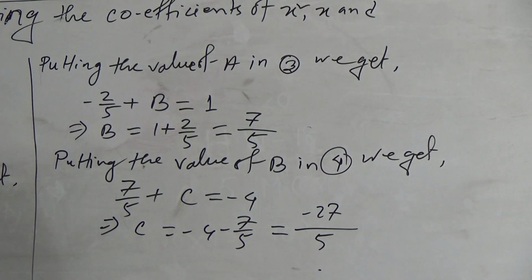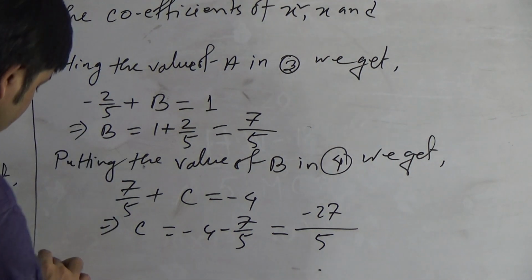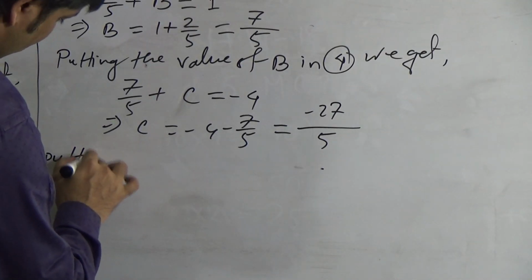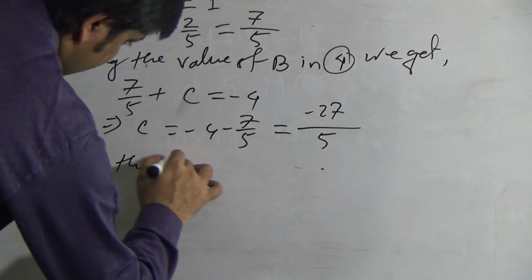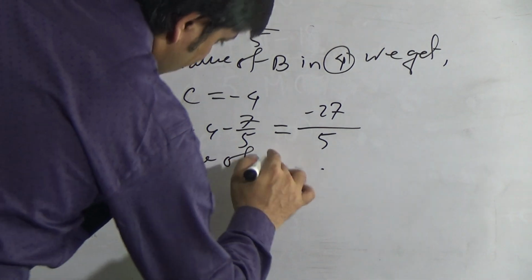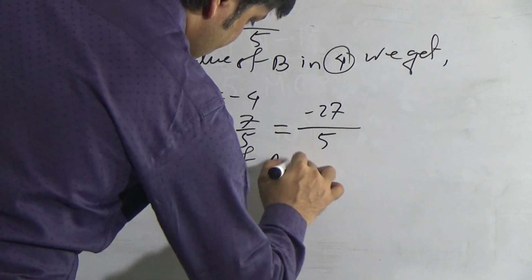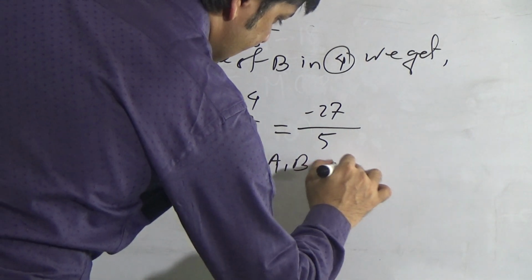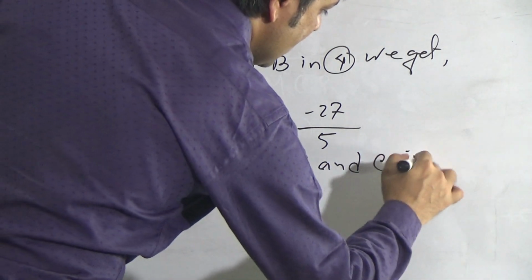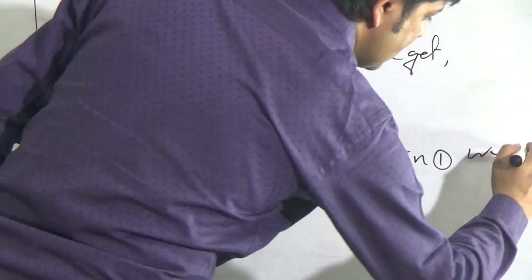Now if we put the values of a, b and c in 1, we will get the required partial fraction. Putting the values of a, b and c in 1, what will we get?